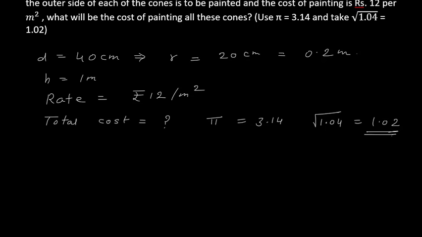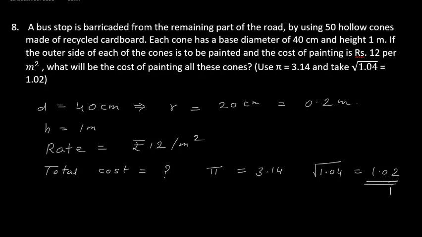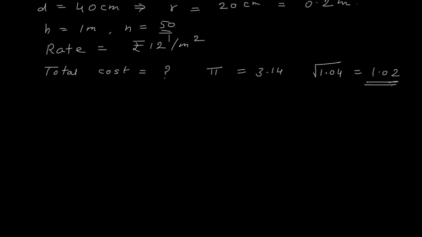First we will find the cost of one cone, and n is given. N means how many cones there are: 50.